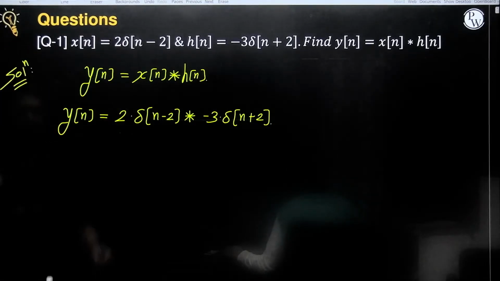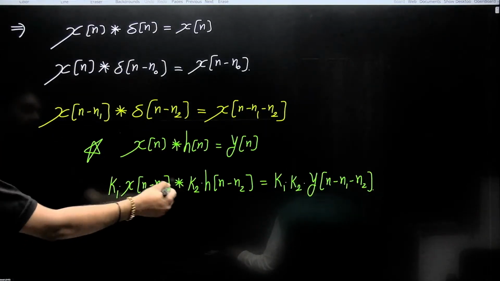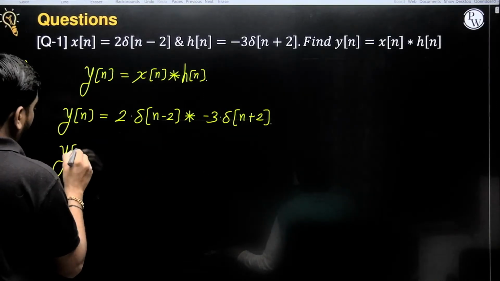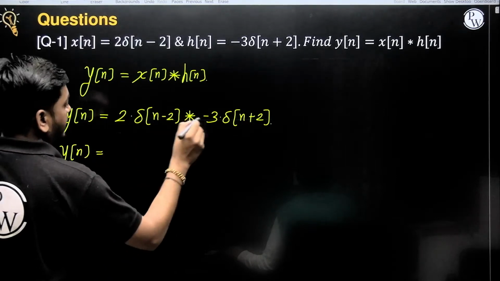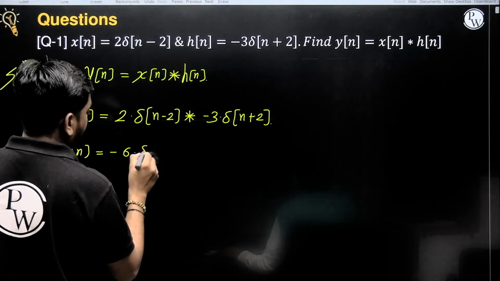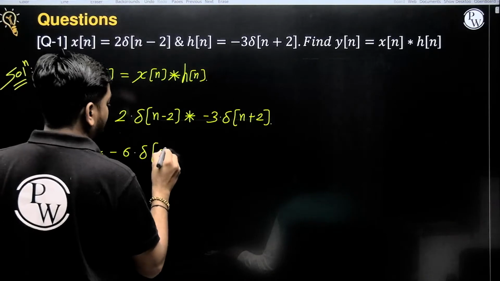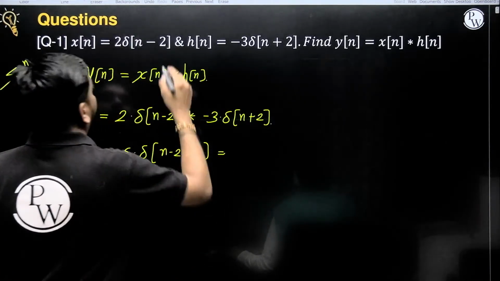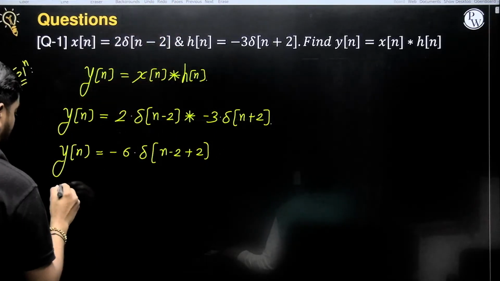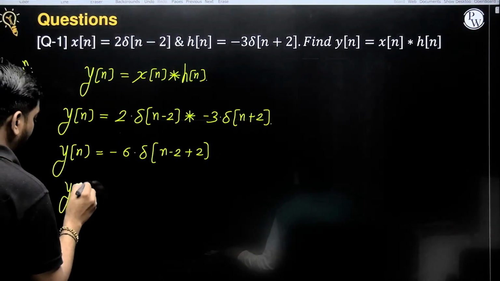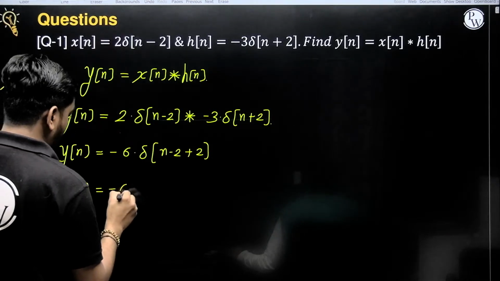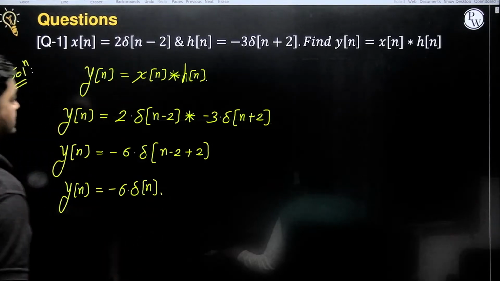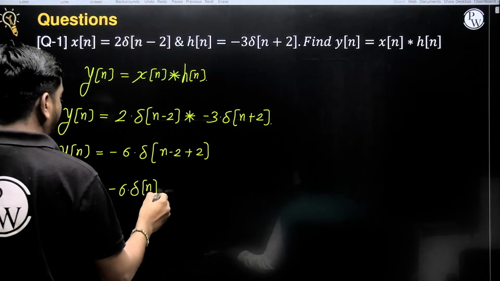So use this property, guys: k1 into k2, y of n minus n1 minus n2. Here y of n equals 2 times minus 3, which is minus 6, delta of n minus 1 plus 2. The answer is y of n equal to minus 6 delta of n, guys.